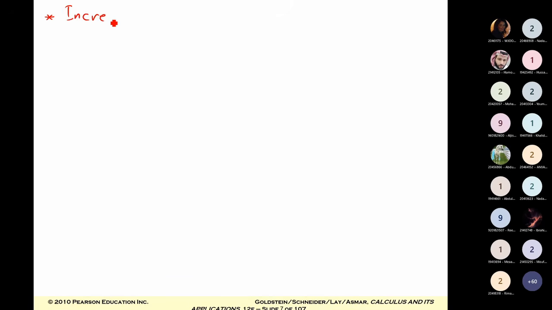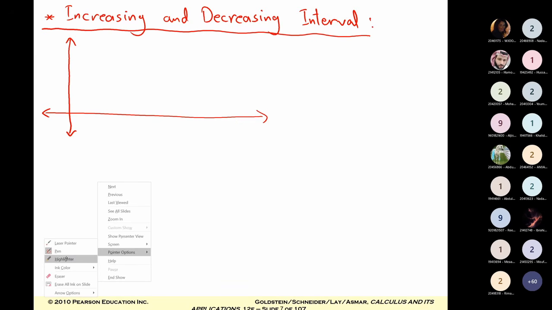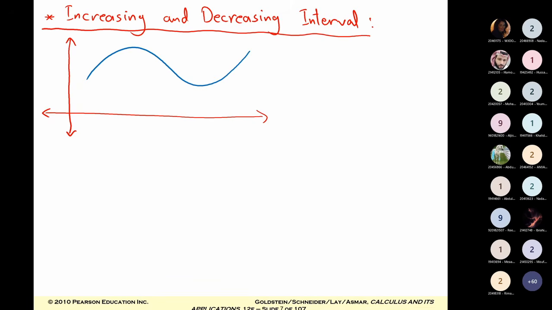Increasing and decreasing interval. Look at this graph of f of x.